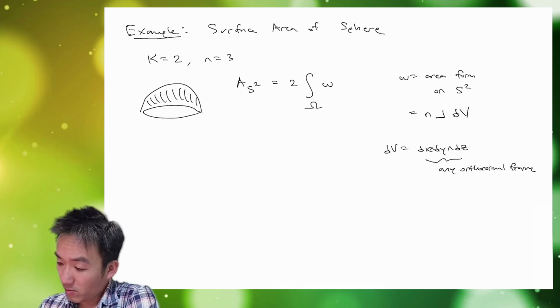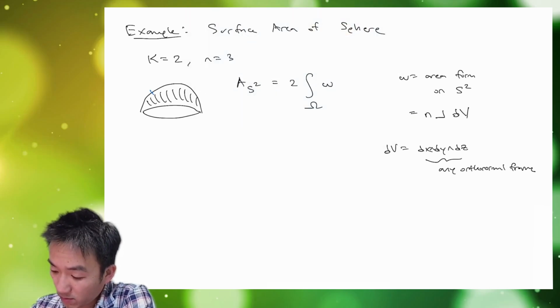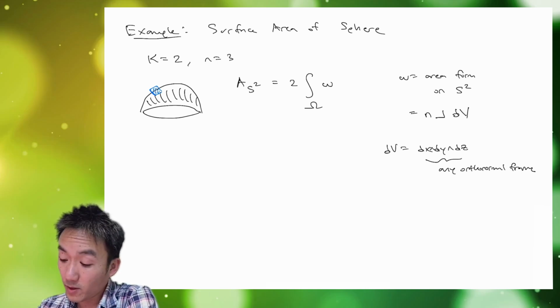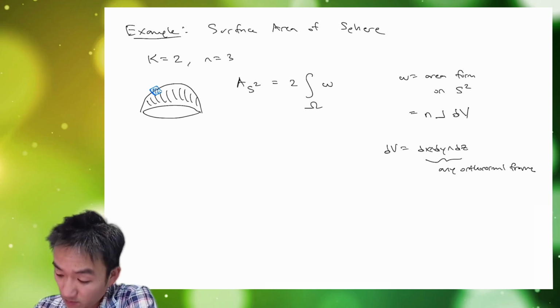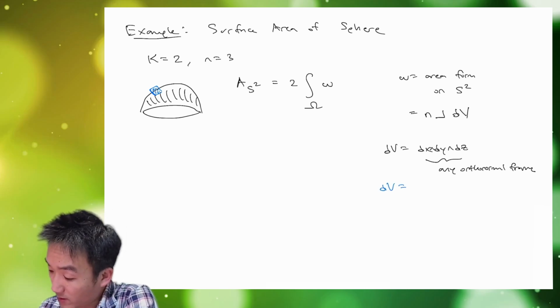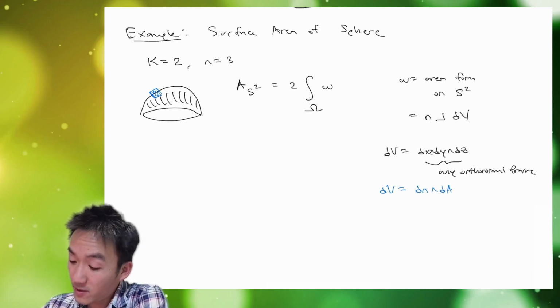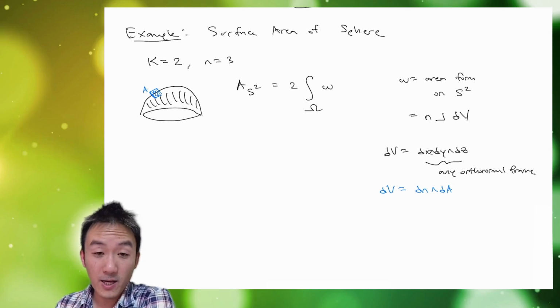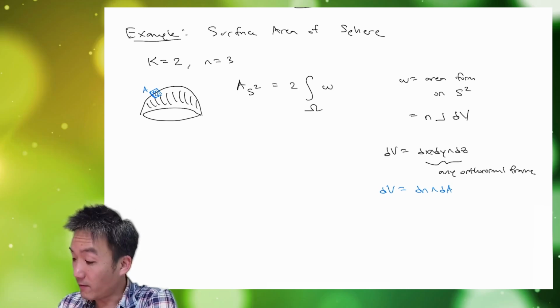And if you think of an area form as something that weights the tangent space of the sphere, infinitesimally, it gives the correct area of this little square that's tangent to the sphere. Then you should think of dV as a dn wedge dA, where dA weights this area correctly, and then you need a dn which is orthogonal to the dA, so that you have an orthonormal set of vectors that you're wedging.